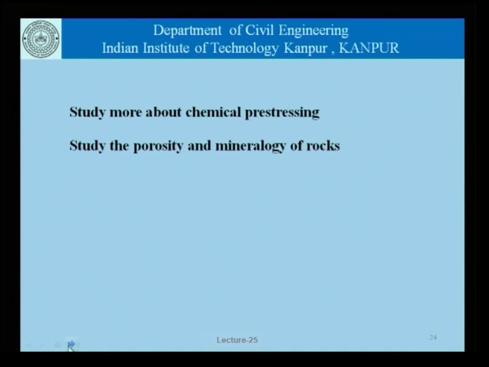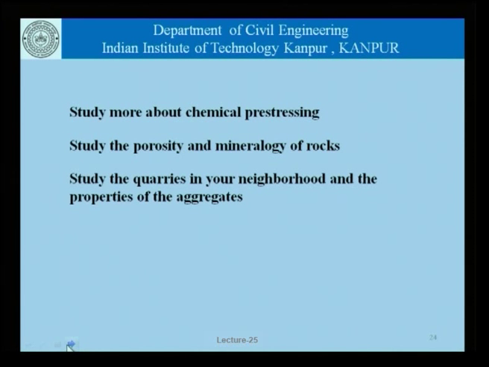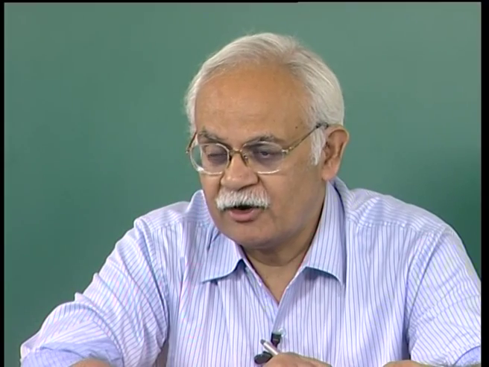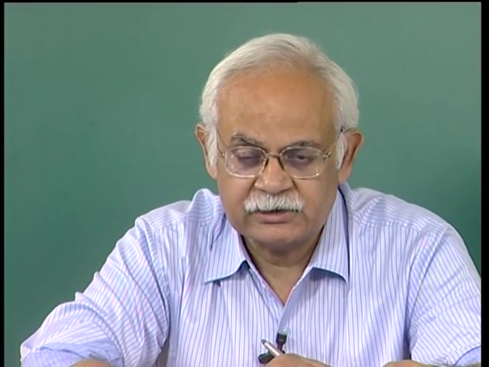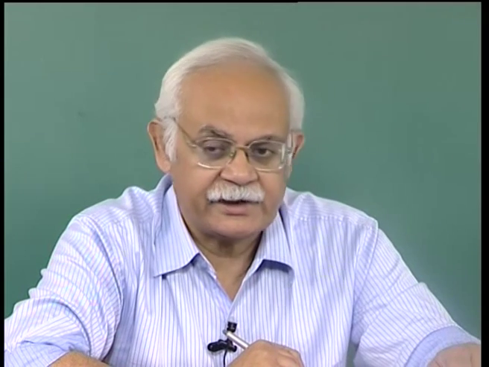We can talk about or study more about the porosity and the mineralogy of rocks, which will give us a better understanding of the alkali aggregate reaction itself. We can study the quarries in our neighborhood and the properties of the aggregates there. We could look at the maps of different regions of the world which have been identified as producing reactive aggregates.